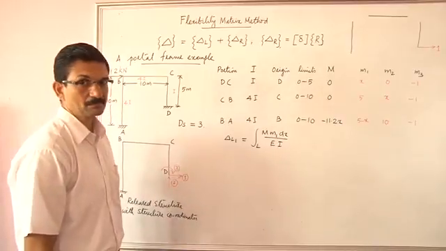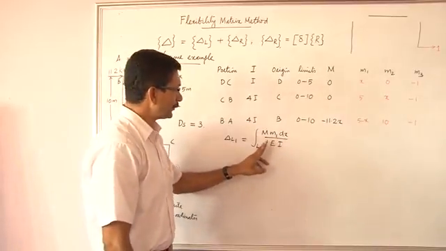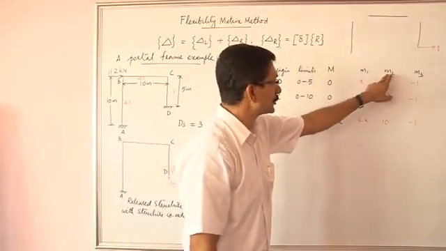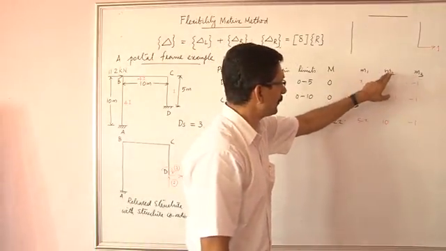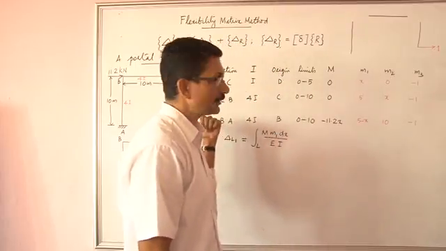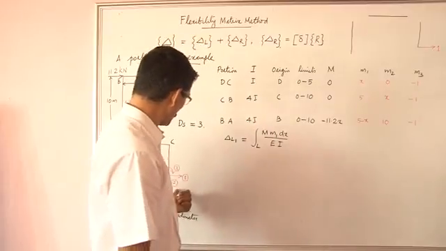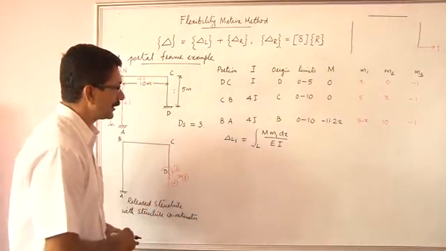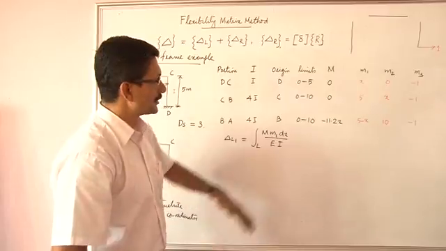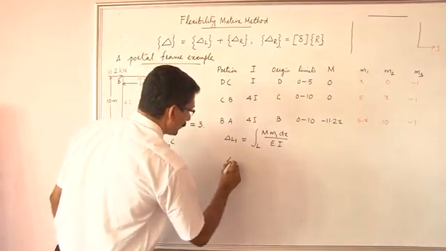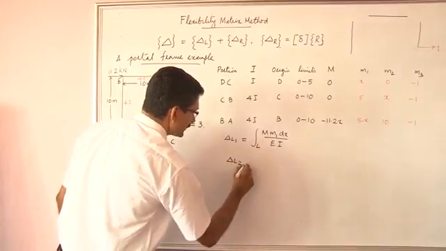Now we find out capital M, small m1 and further small m2, small m3, which are the bending moments at a section due to unit point forces applied corresponding to coordinates 2 and 3 in this picture. They are going to be found out using this table. Before going to the table, let me further elaborate on delta L2 and delta L3.